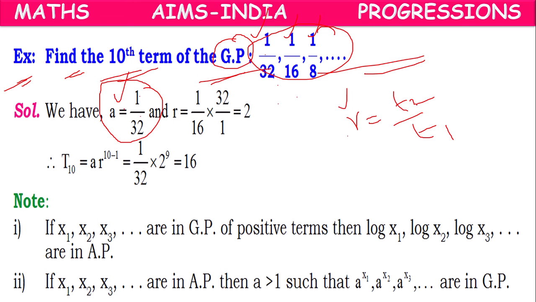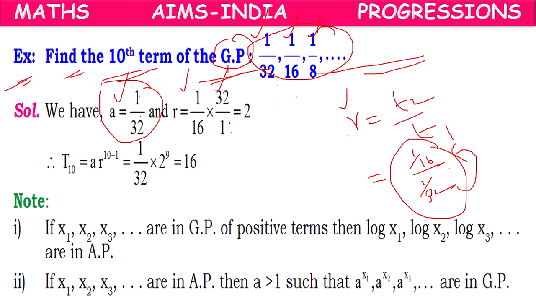Common ratio formula is T2 by T1, which is equal to 1 by 16 divided by 1 by 32. The denominator goes to the numerator, so it becomes 32 by 1. We can write this as 1 by 16 into 32 by 1. 1 gets cancelled, 16 twos are 32. So the common ratio is 2.